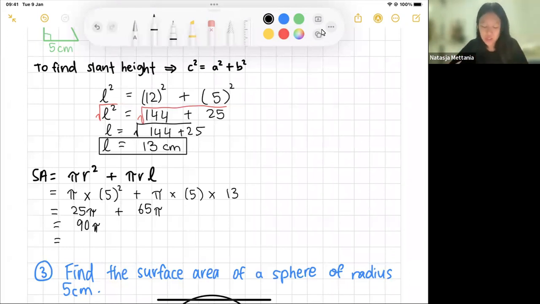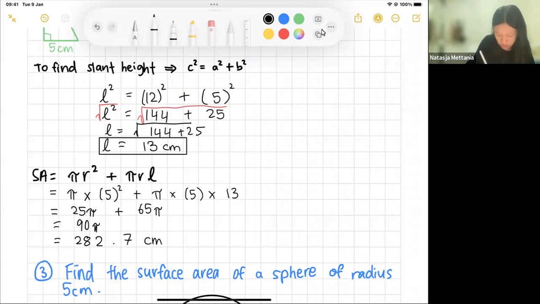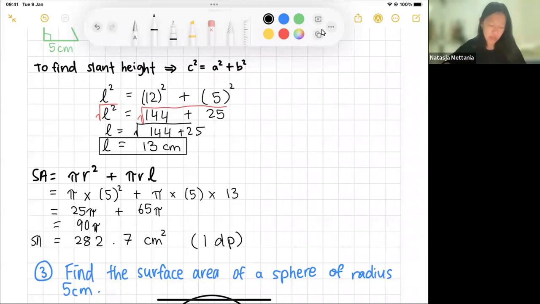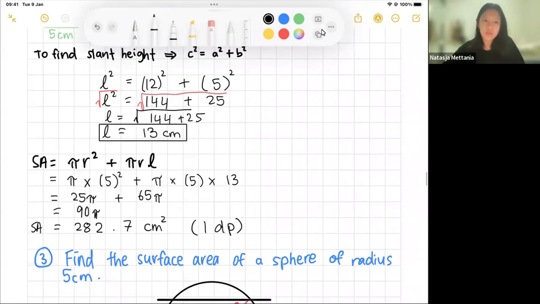If they ask you for an exact form, that's what I'm going to give them. If not, I'm just going to put it into a decimal place. Put that into your calculator and you should get 282.7 centimeters squared. I put this into one decimal place. And that's our answer to our second question.